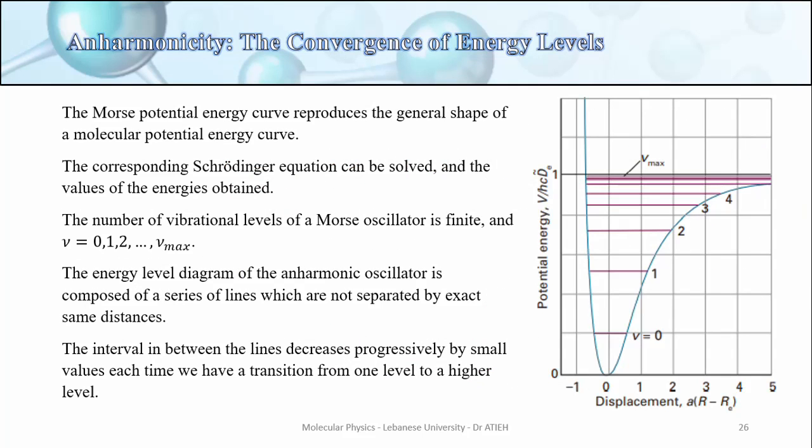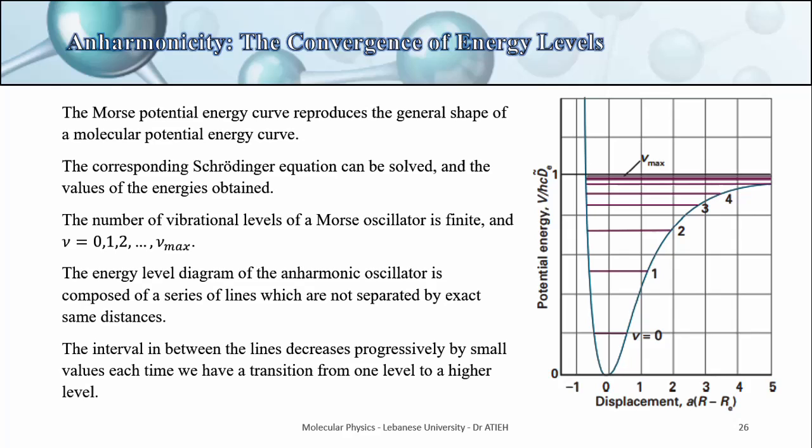Now let's analyze the results that we have reached. We have reached an expression for G bar nu, or for the vibrational energy levels. According to these results, as nu increases, the separation between two consecutive levels is no more constant. It decreases as the energy level increases.